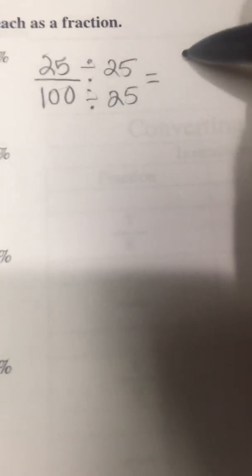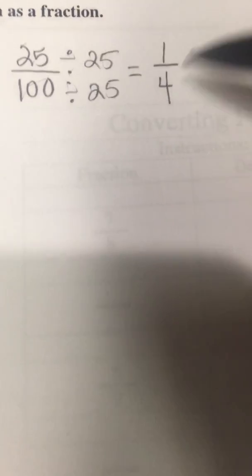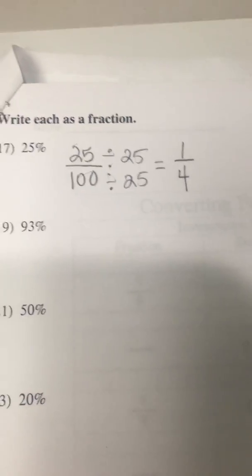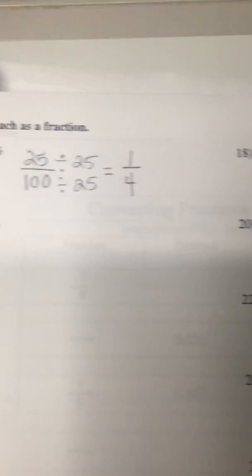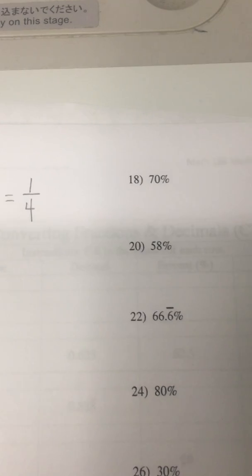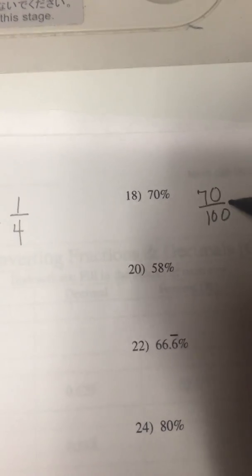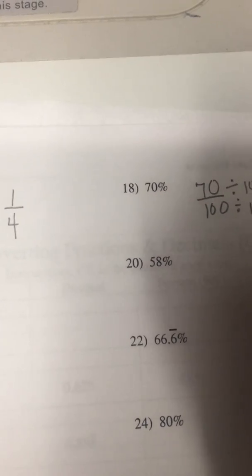So 25 goes into 25 once. 25 goes into 100 4 times, so that fraction is 1/4. Okay, so 25% is 1/4 as a fraction. Okay, the same thing for number 18. If you have 70%, we will write it as 70 over 100, and then we want to reduce or simplify.